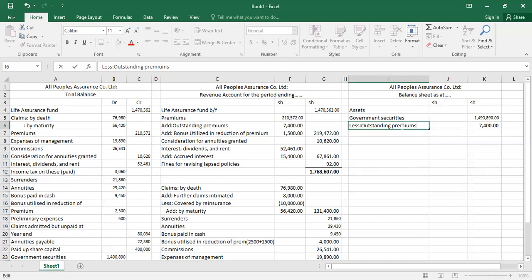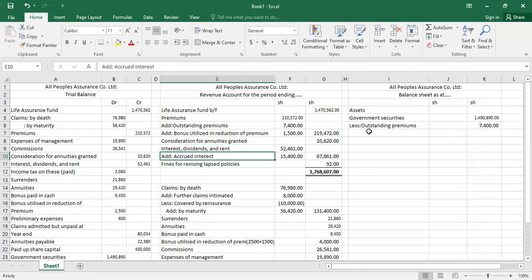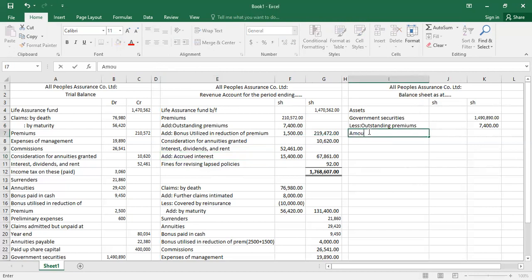There was an amount due of, let's see, the accrued interest. So this will be our amount due for insurance. So let me just indicate them as amount due. This figure here, don't even need to write less.